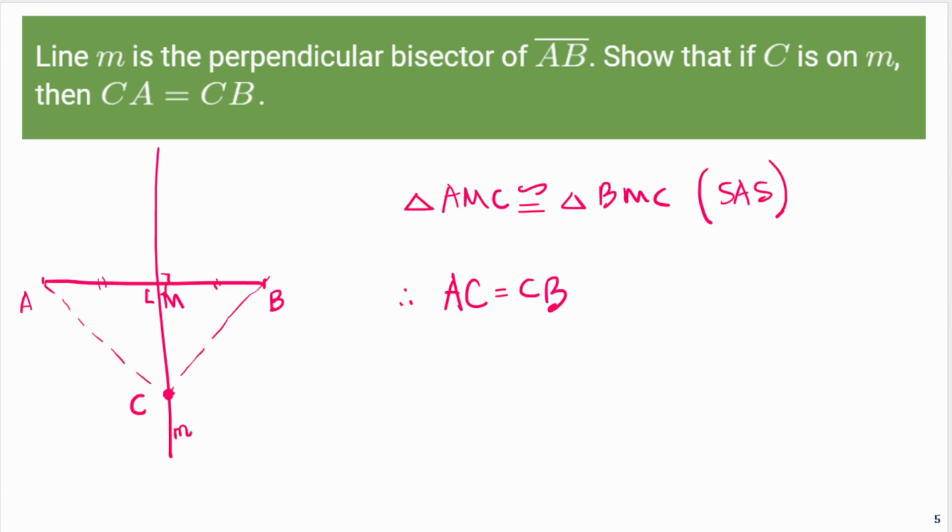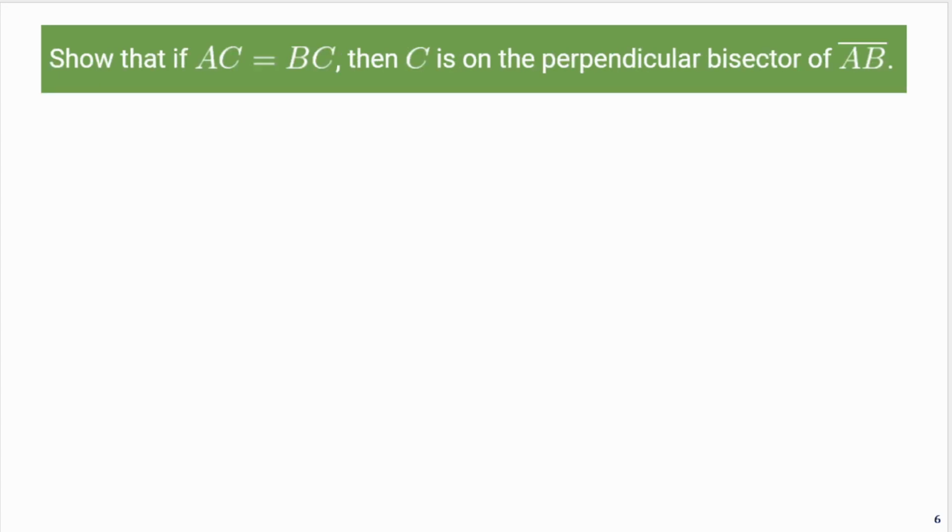Now consider if the reverse statement is also true, which means can you show that if AC equals BC, then C must be on the perpendicular bisector of AB? Okay, again, let's draw segment AB.